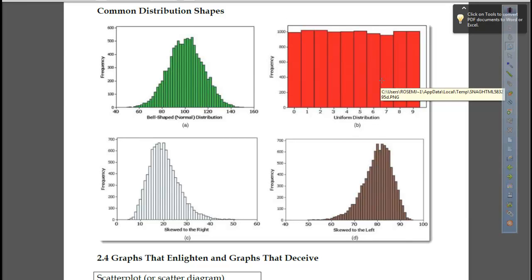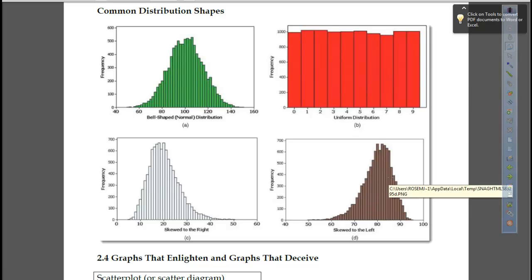Or, as we saw, the last digit of data collected, like numbers from a phone book. We would expect that to be approximately uniform, because those numbers are pretty much randomly generated. So be aware of these as we describe the distribution of our data.